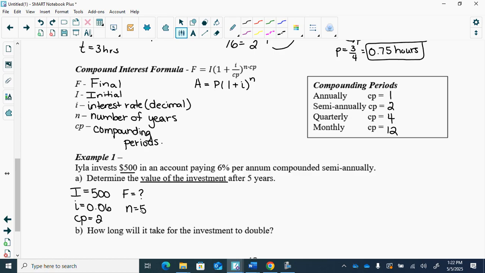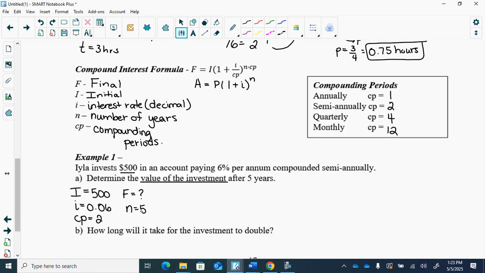All right. The catch with this, compared to the increasing and decreasing or appreciating and depreciating, is your interest rate. Yes, per year is 0.06. But per compounding period, what is it? It was 6% per year, so what's it going to be every compounding period? 0.03. So we have to remember to take our interest rate and divide it by the compounding periods, correct? The other thing we have to remember is the number of years. Yes, it's 5 years, but how many times does it actually compound if it compounds twice a year?